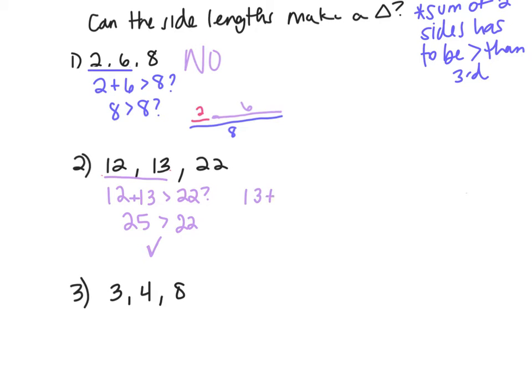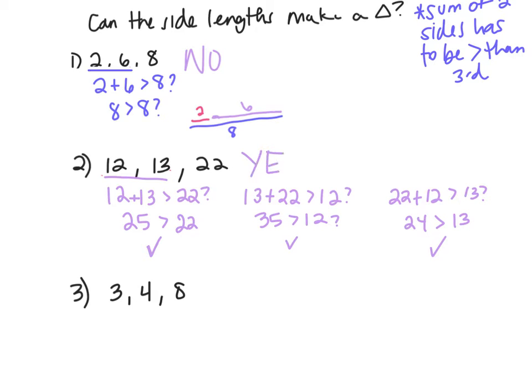So 13 plus 22, I'm just going to set new pairs and see if they're greater than the third side. All right, we get 35 is greater than 12. Yes, that works out. And then our last pair would be 22 and 12. Is that greater than 13? 24 is in fact, so yes, that works out.